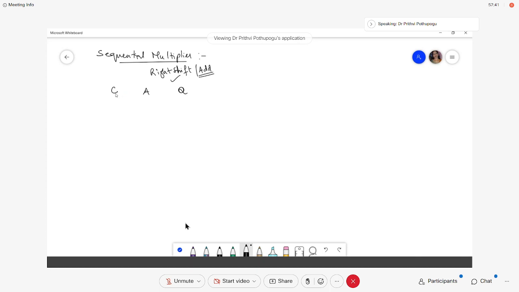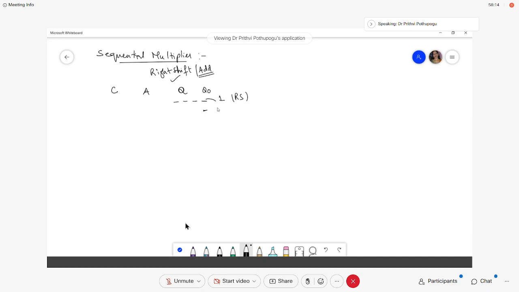So how we perform this is that we always see the value of Q0, the Q0 bit, in such a way that if this Q0 bit is 1, we just do the right shift. If this Q0 bit is 0, before right shifting, we add the multiplicand bit.